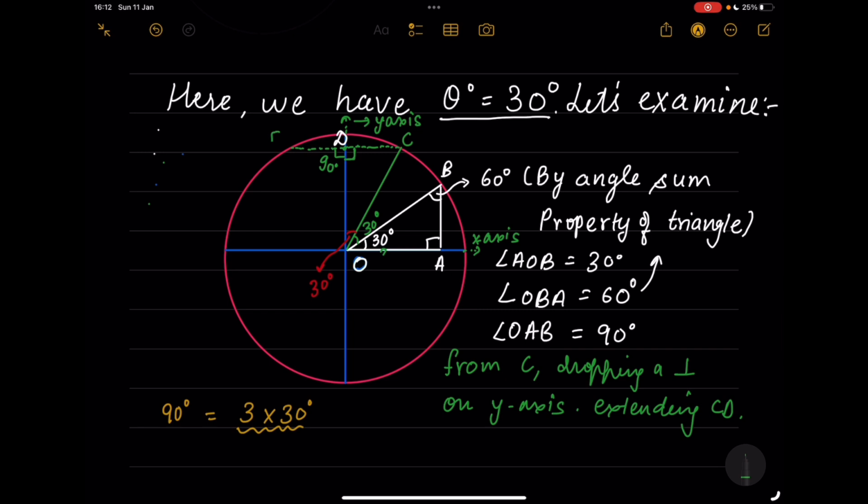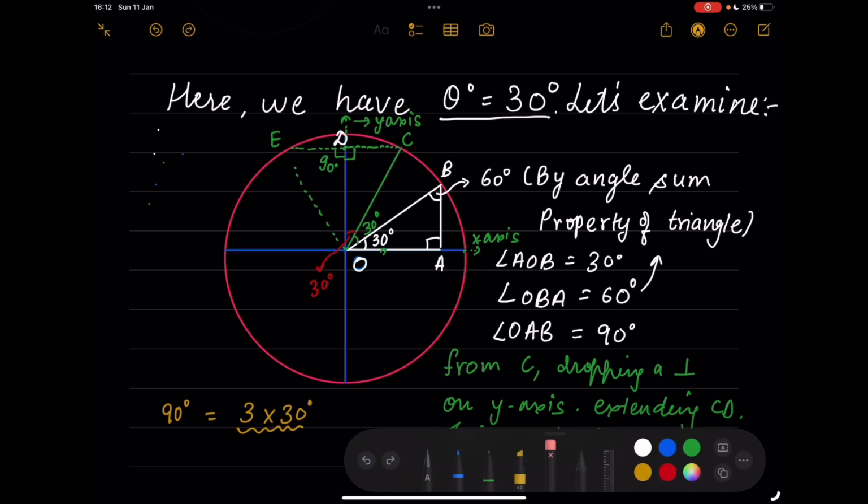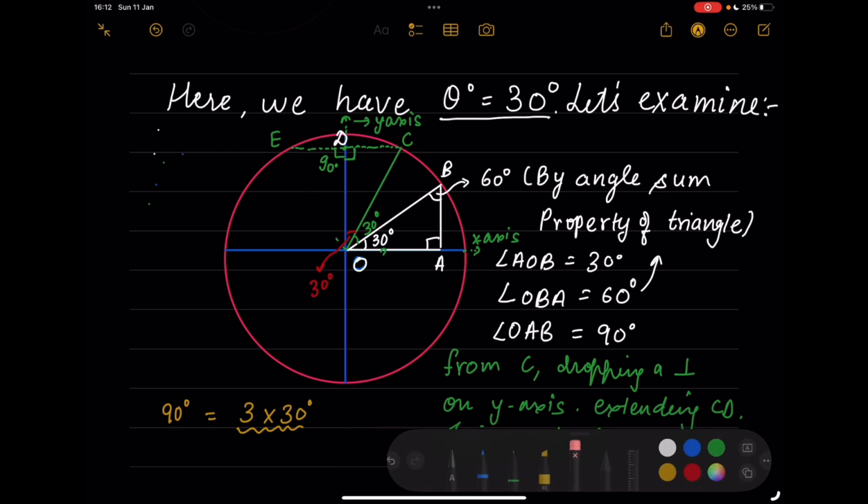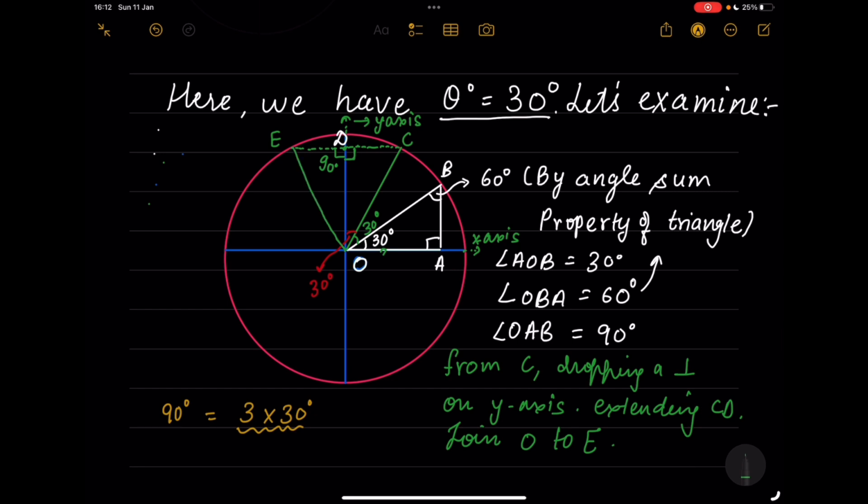Then this point we label as E. Then join O to E. Okay, let me just erase this and draw a proper line. Okay, yes, we are back. So I'll just draw the line here. Sorry for that mess up. Okay, so we have a line here.